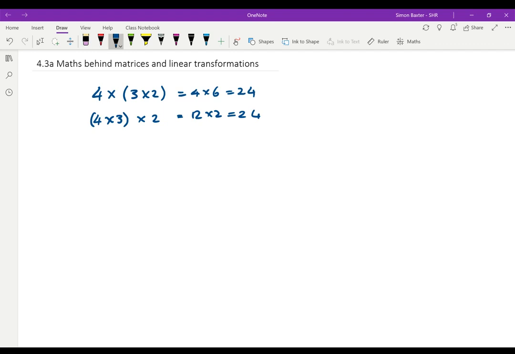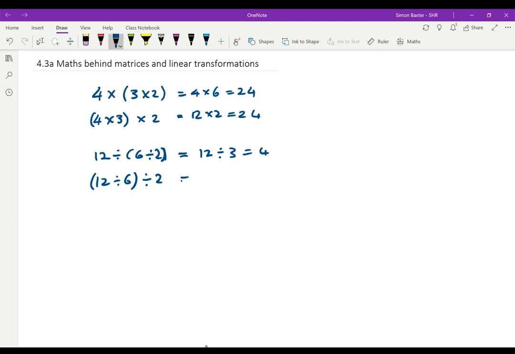This doesn't work if we look at division. Let's try 12 divided by 6 divided by 2. If I do the 6 divided by 2 first, I'm not going to get the same answer as if I do the 12 divided by 6. The top line gives me 12 divided by 3, which is 4.